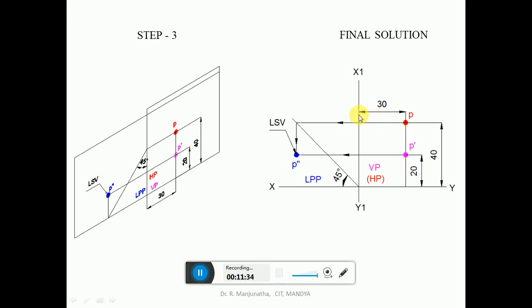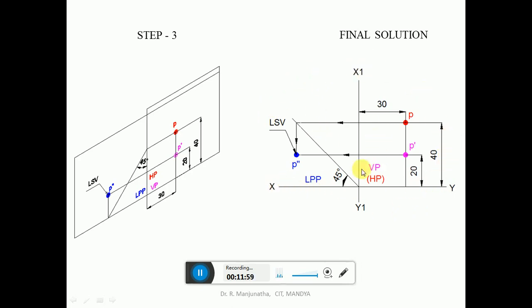Then show the dimension of 30, which is the distance with respect to the profile plane, mark the dimension of 20 mm, which is the distance above HP, and mark the dimension of 40, which is the distance behind VP. So this is how we solve the projection of a point in the second quadrant for this particular problem, and this is the final solution.